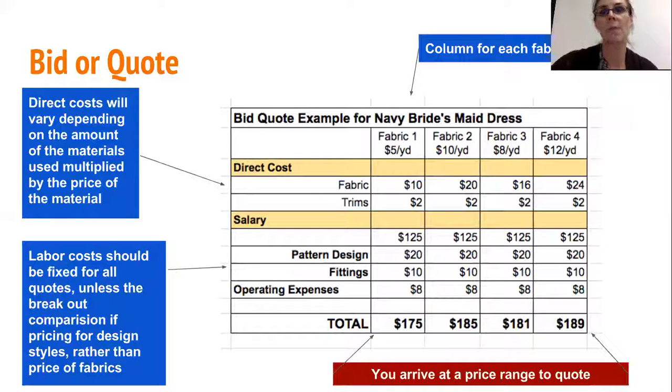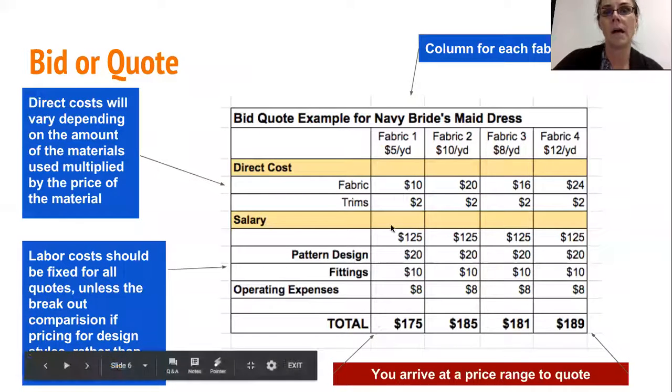And you're going to really base it on just assume one of the dress designs. But your fabric is different price points. Some different examples of fabric. I don't know what yours actually came out to be, but depending on what those price points are, we're assuming, let's say, 2 yards go into making the dress. Well, fabric one at $5 a yard, you only have $10 worth of fabric in there.